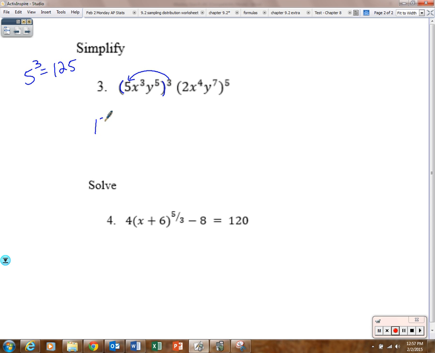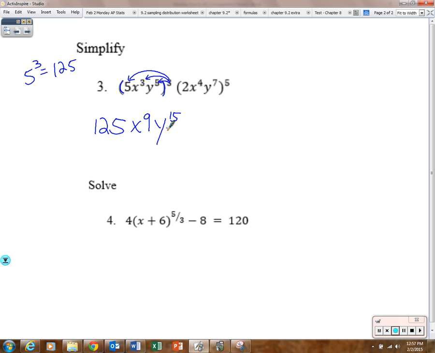Then we've got x to the 3rd to the 3rd. Remember, your property there is to multiply your exponents. So that would be x to the 9th. Same thing here. We've got a 3 and a 5 for exponents, so that would be y to the 15th.